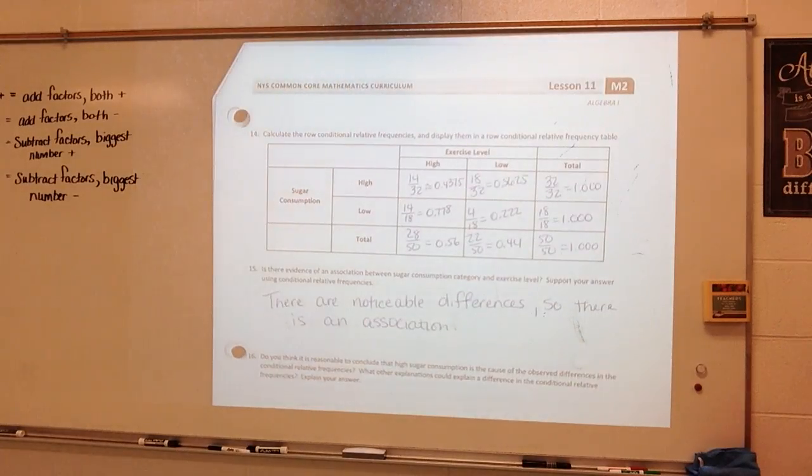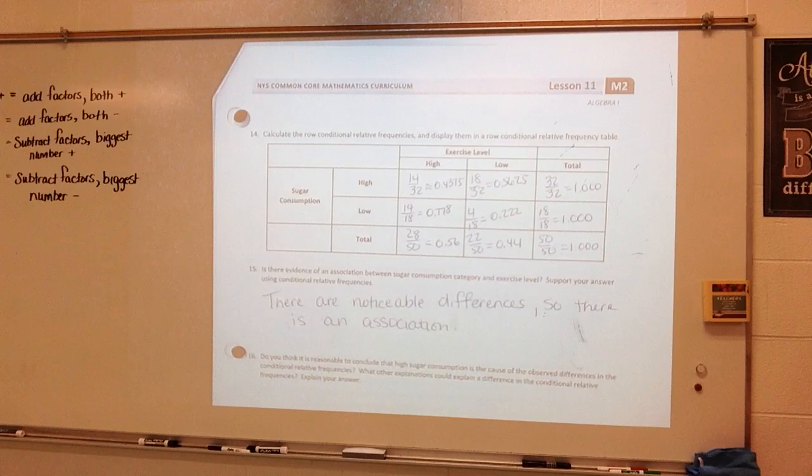Do you think it is reasonable to conclude that high sugar consumption is the cause of the observed differences in the conditional relative frequencies? What other explanations could explain a difference in the conditional relative frequencies? All right, so let's think about this for just a second.